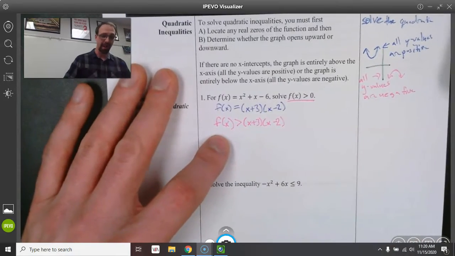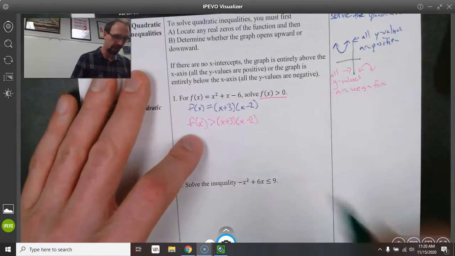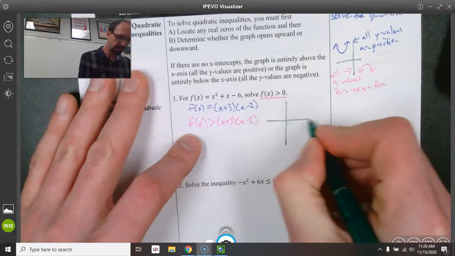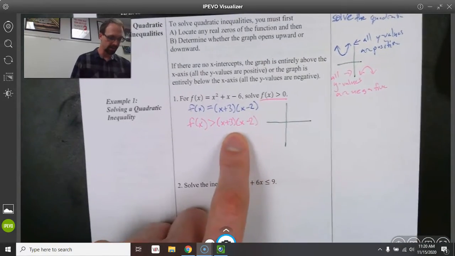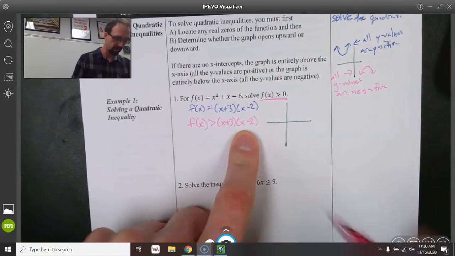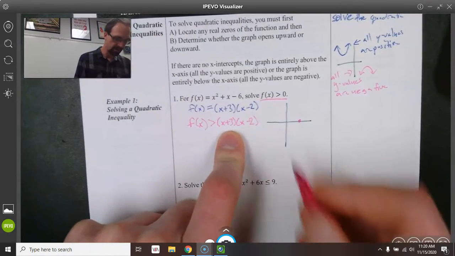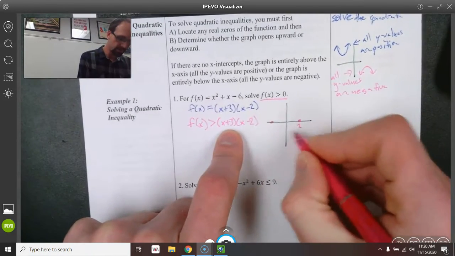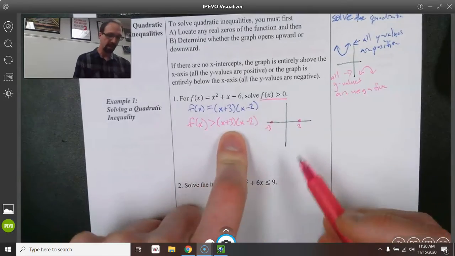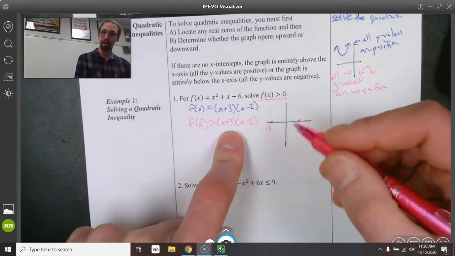Think about this graphically. If I have a graph, and I put my zeros at 2 and at negative 3, think about what's happening on this graph. This graph is going to open upward.